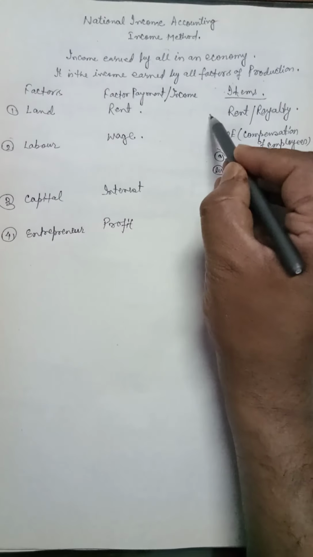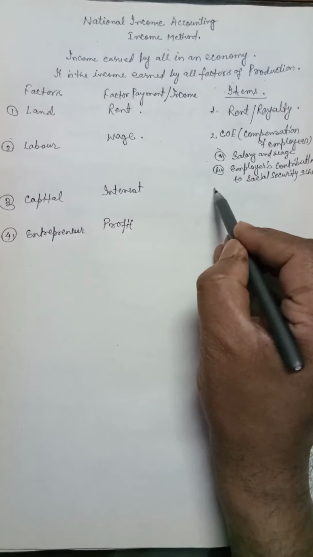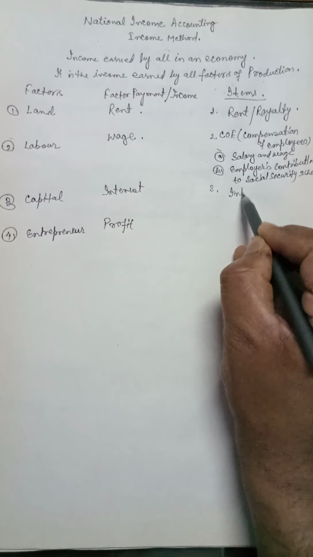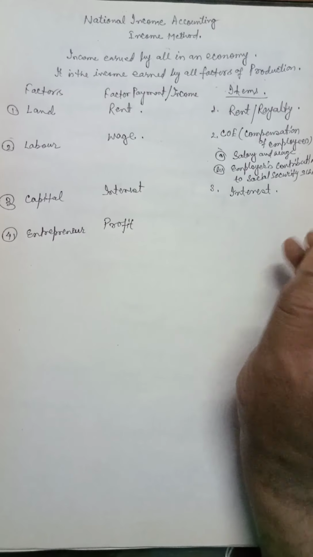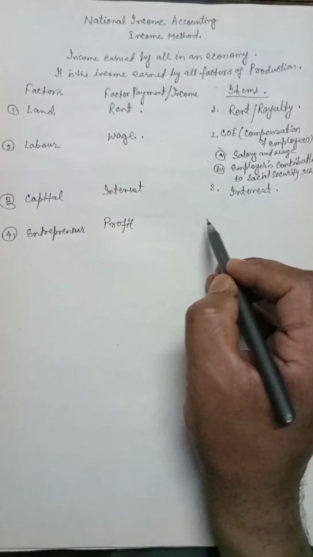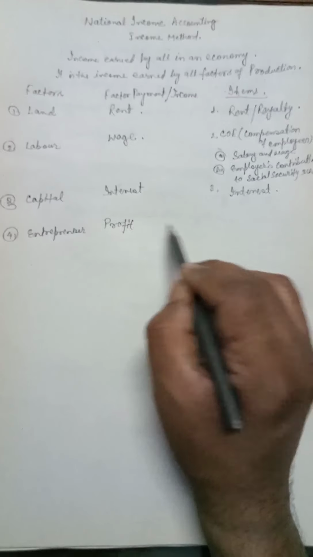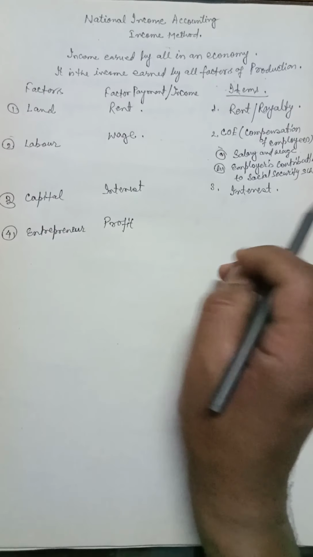Next, the first one was rent. Second was the compensation of employees. The third one was interest. We use it like that. Now the fourth one is profit, but profit will be further subdivided into three parts.